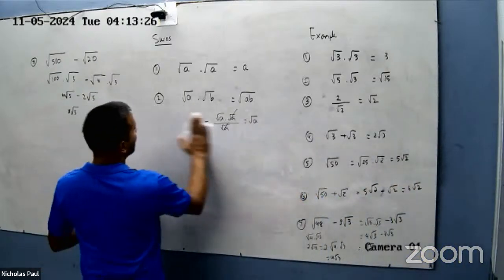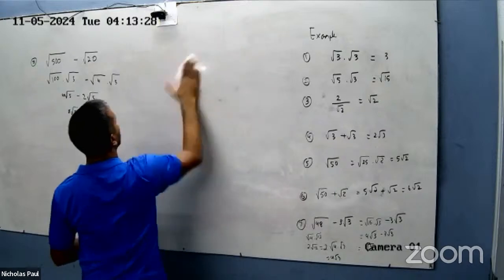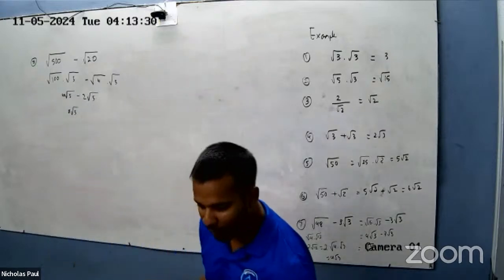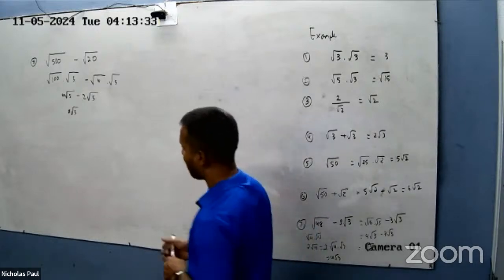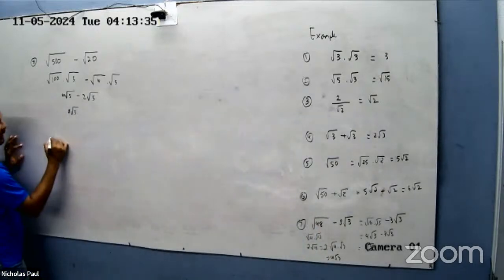All right. So going back to your rules, there's one rule I wanted to add in, right? That was rule number 5. I want to add in one more rule.